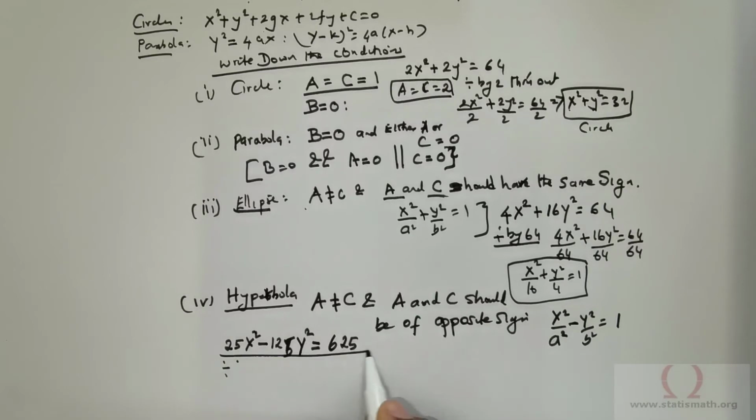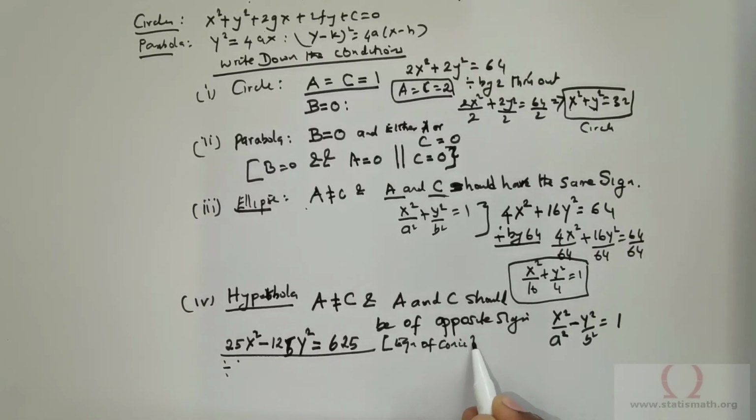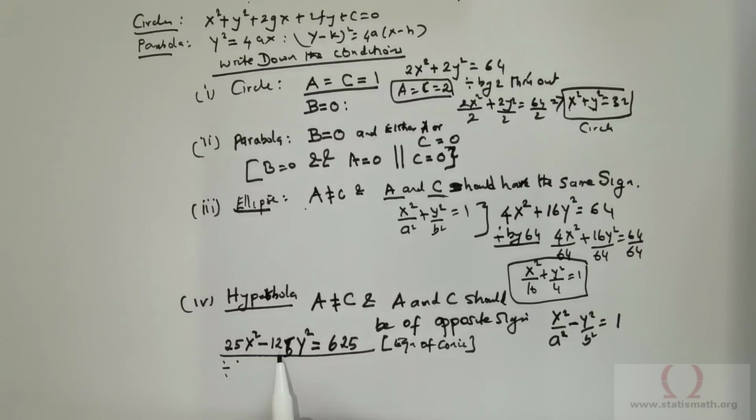So this is the equation of a conic where the coefficients of a and c are not equal and the signs of a and c are not equal. Of course, as we talked about, b is equal to 0. We are not having any b term here.